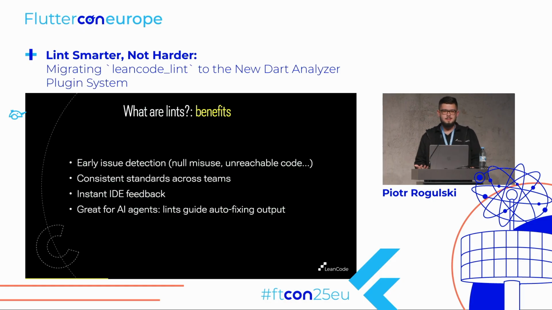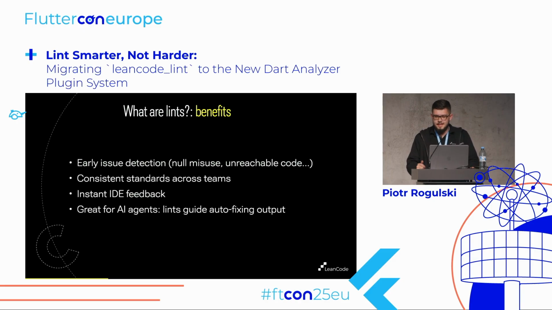So lints basically are automated code checks that don't run the code. They just read the code and understand it. That's why they are instant. As you type the code, you get the feedback in the IDEs or in the terminal. You also get the same feedback on CI.